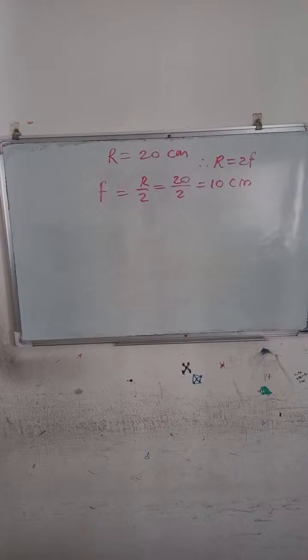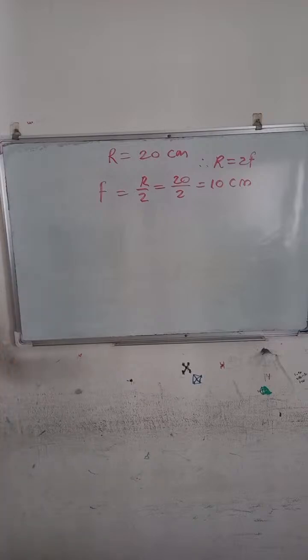What is the speed of light in the glass? Speed of the light in air is 3 into 10 raised to 8 meter per second.